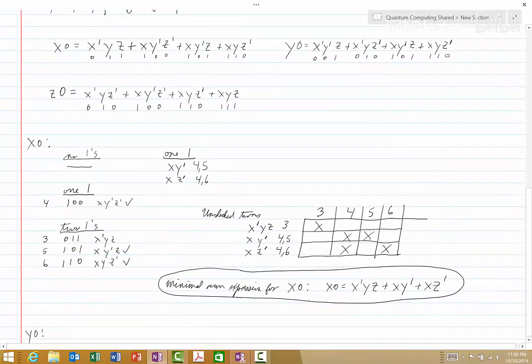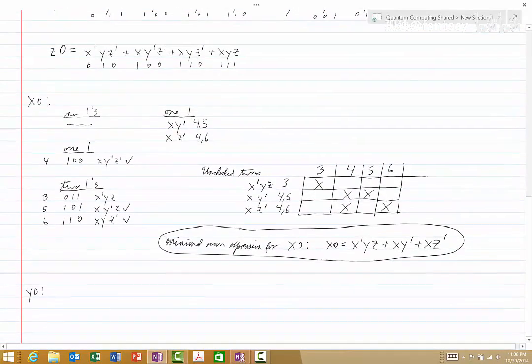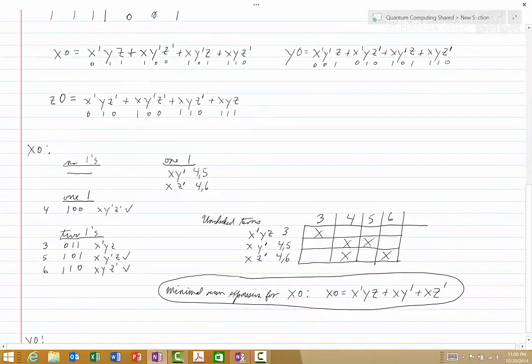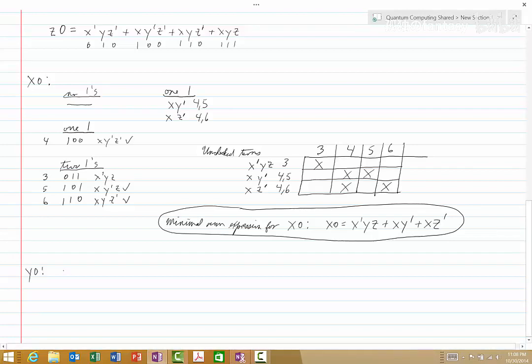And for YO, the terms that we have are, you can see up here, 001, 010, 101, and 110. I think I'll go ahead and transfer that down here.